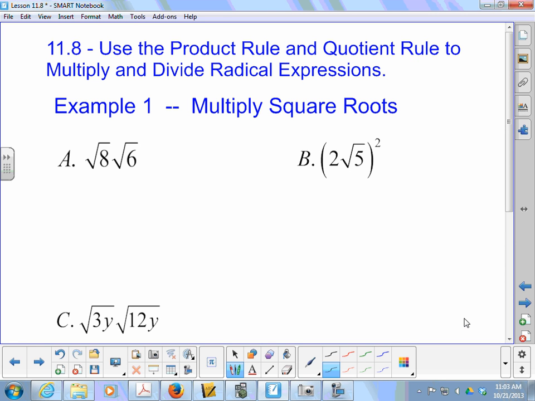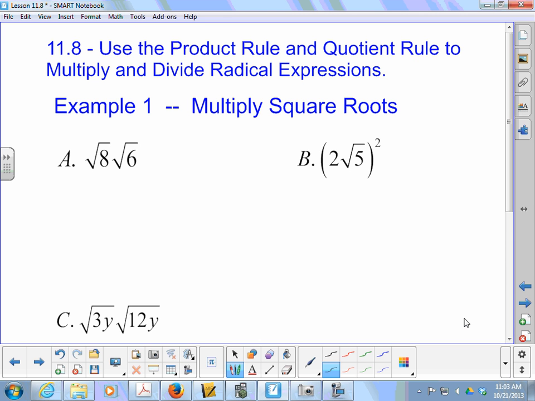Now, either way, you should get your answer correct, but sometimes you just got to look at it and say, which way would be better? So in letter A here, it says the square root of 8 times the square root of 6.